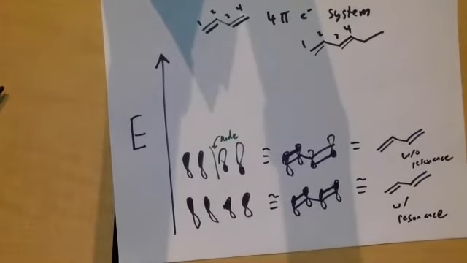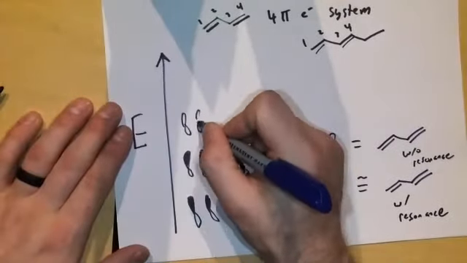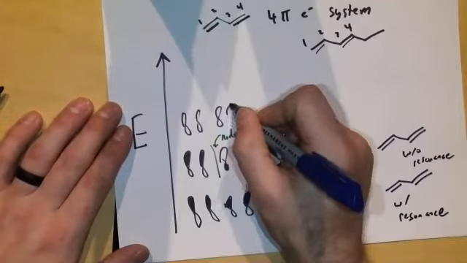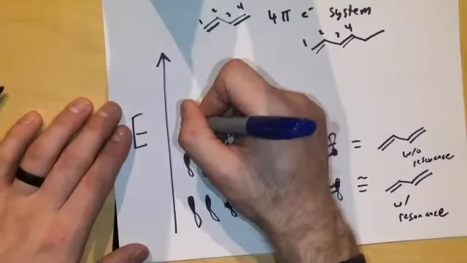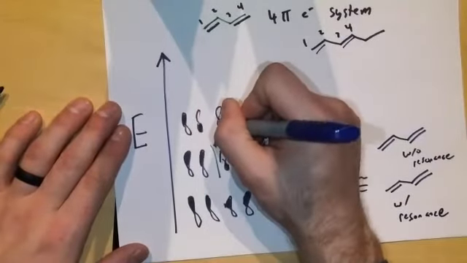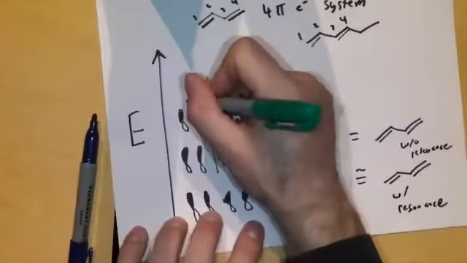As we add more energy into the system, we create more nodes. So our next one is going to be a single electron by itself, a double bond, and a single electron by itself. We now have two nodes.